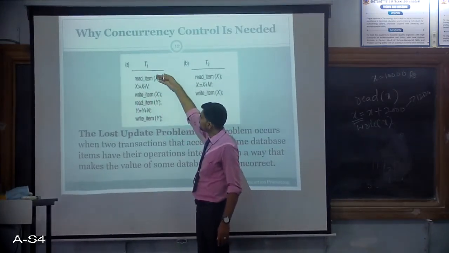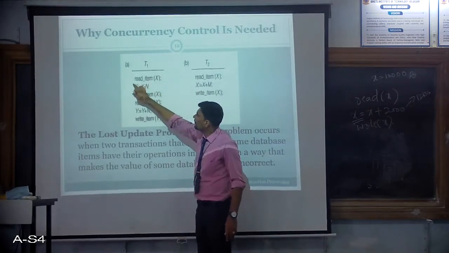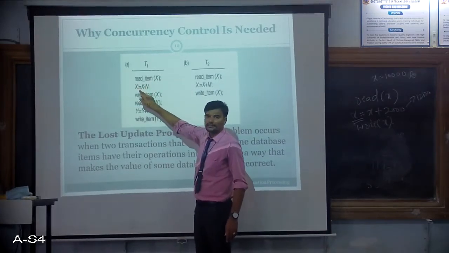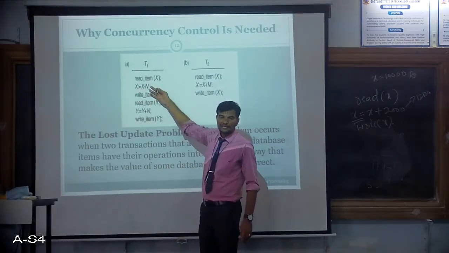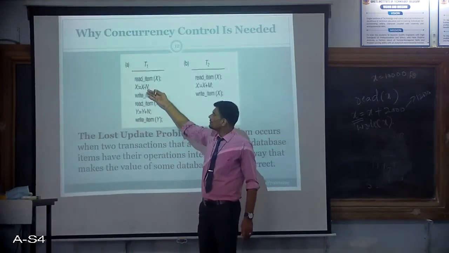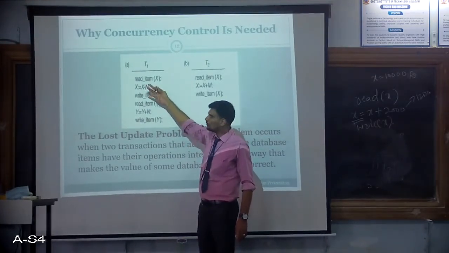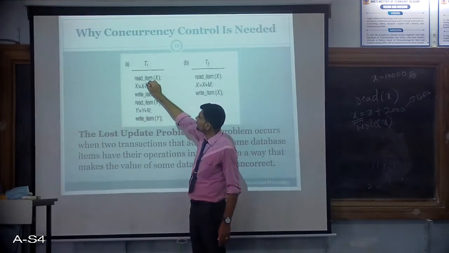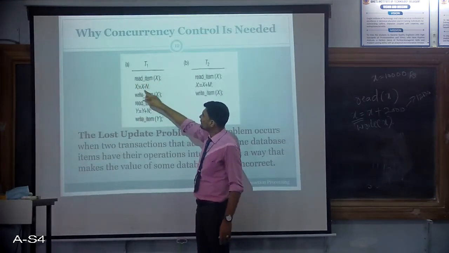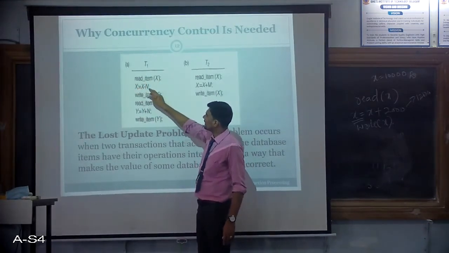So first I have read the value of X, then I have performed the update operation, transferring the number of seats from X to Y. That's why it is deducting the value, X equal to X minus n.